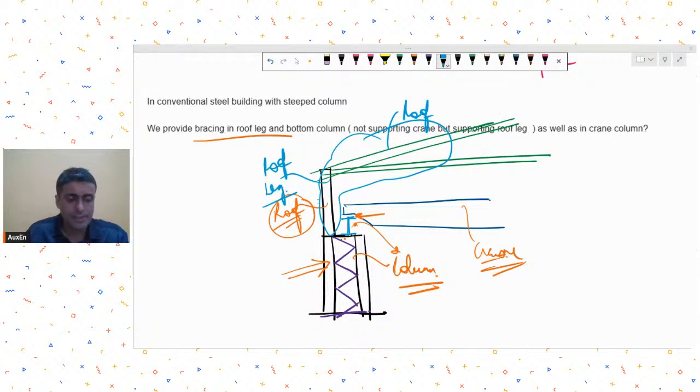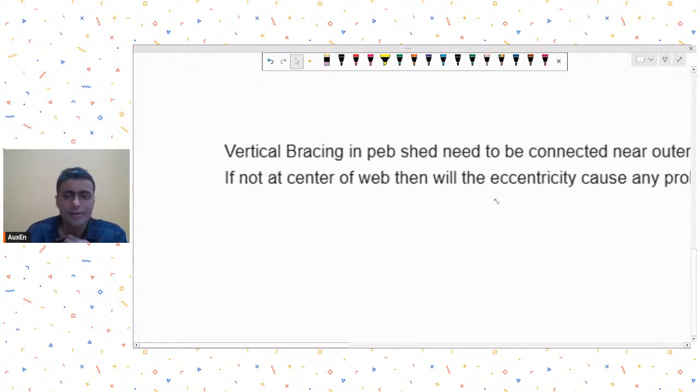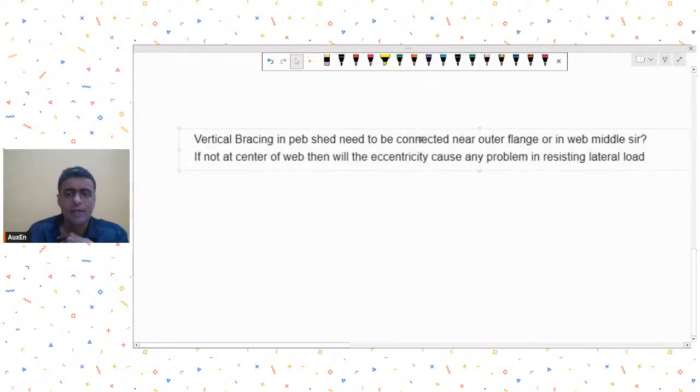Yeah. Then his next question is more of a general query that many people have, and I'll just put it over here. He's saying, vertical bracing in a PEB shed, does it need to be connected near the outer flange or in the web middle?